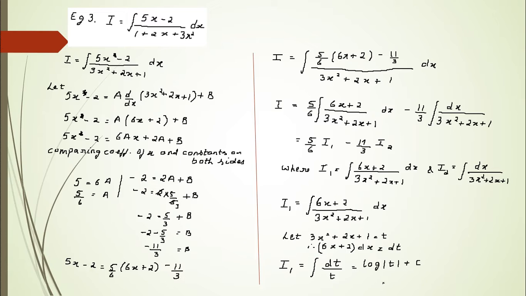Now putting the value of t, I get this is equal to log of, t is equal to 3x square plus 2x plus 1, so I'll write here 3x square plus 2x plus 1 plus c1, right? Now let us go to I2.